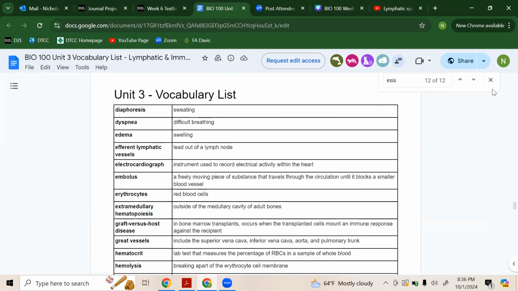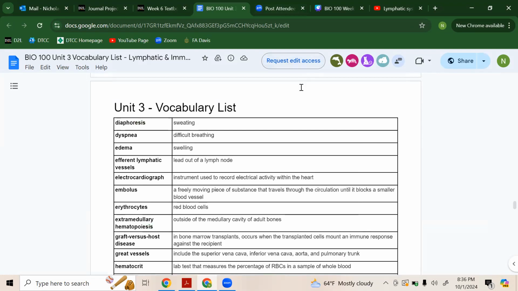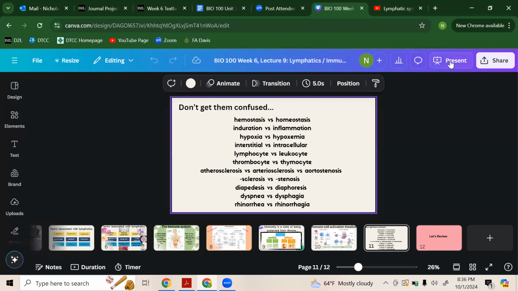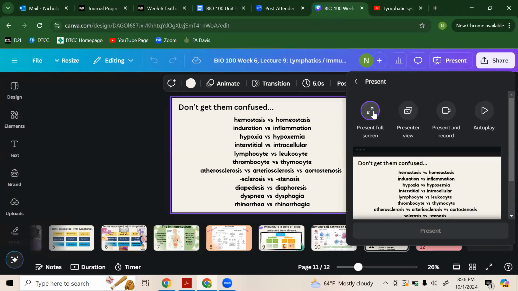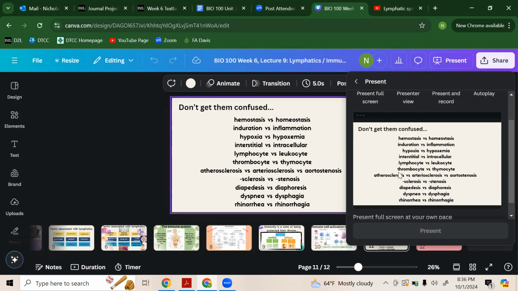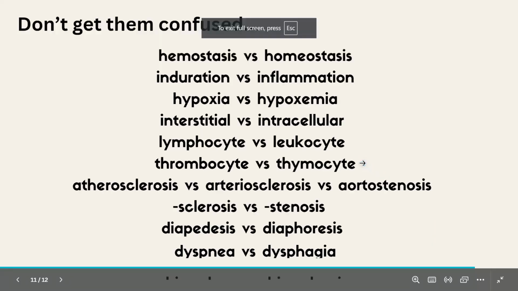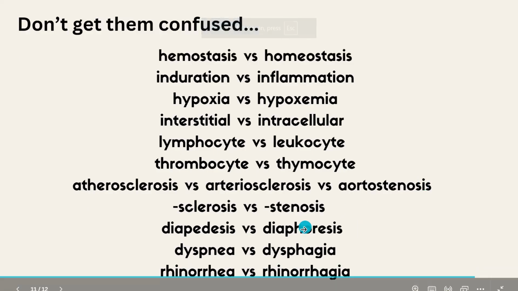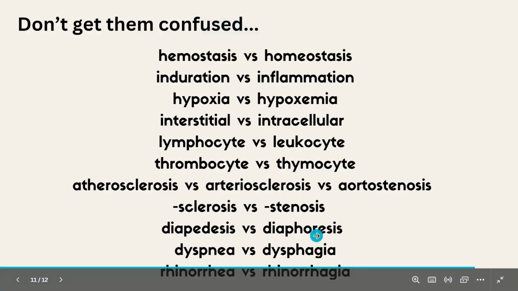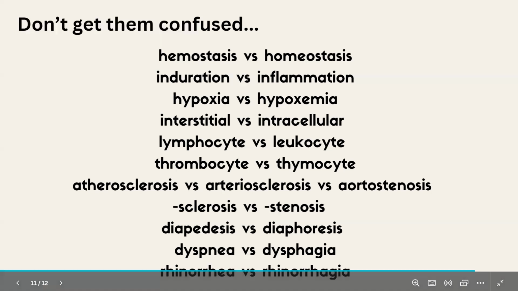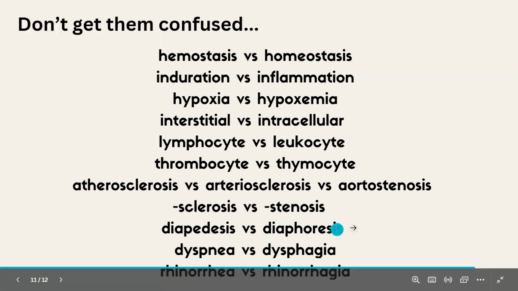All right, I didn't want to give you guys the wrong idea. So diaphoresis is going to be our word for sweating. So that is our term for sweating.